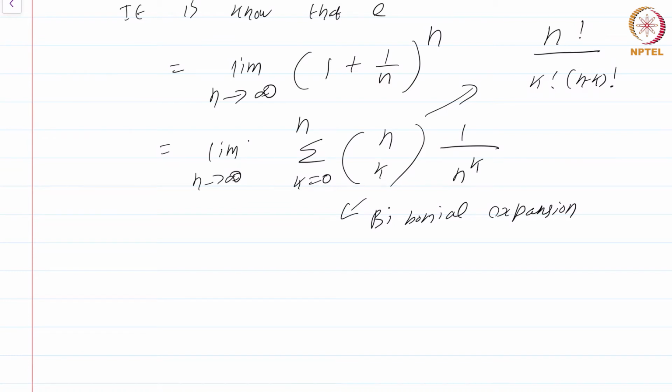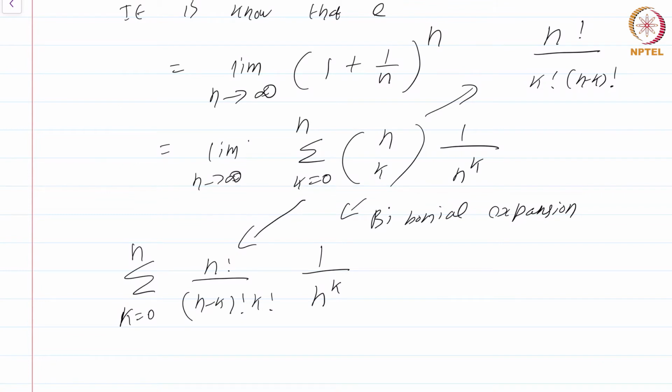Okay, so let's expand this inner part further. So this is summation k equals 0 to n of n factorial by n minus k factorial times k factorial into 1 by n power k.